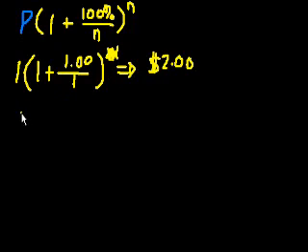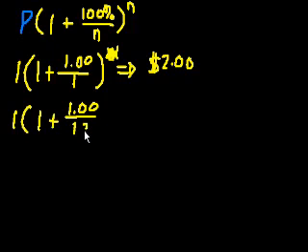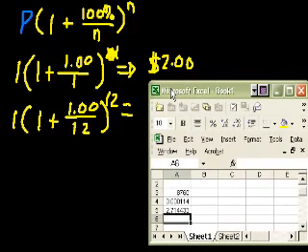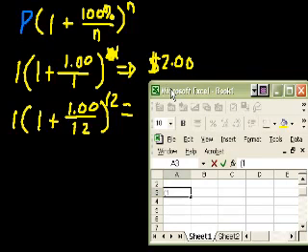When we compounded it every month, it turned into this. The principal you borrowed was 1 times 1 plus 100% over 12, to the 12th power, which equaled, let's see, I erased the numbers, so I will redo it. So it's 1 plus 1 divided by 12. I'm using Excel for those of you who have never seen it before.